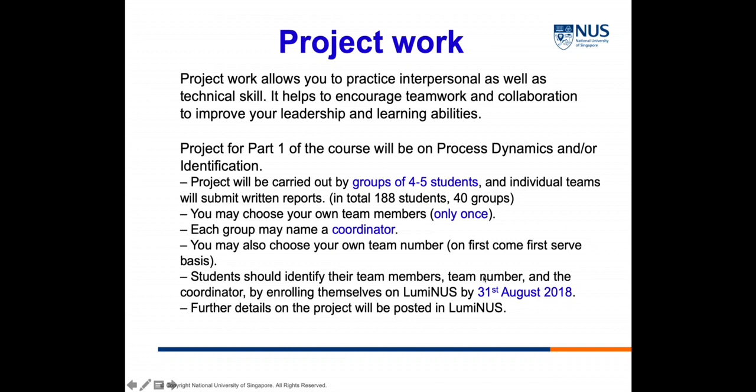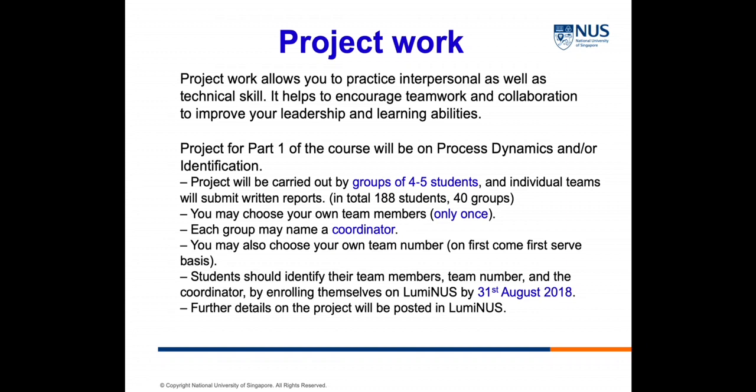You may choose your own team members. Note there is only 1 team for both projects. And each group will name a coordinator. You can choose your own team number as well on a first come first serve basis. I will relay the grouping on LumiNUS.